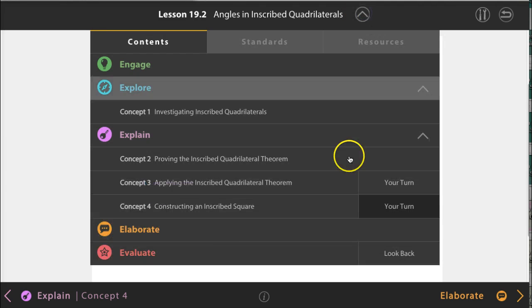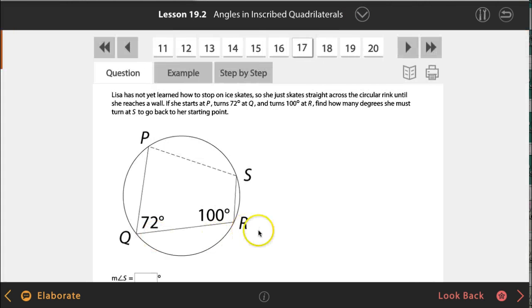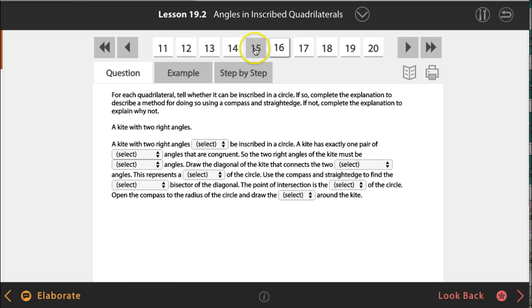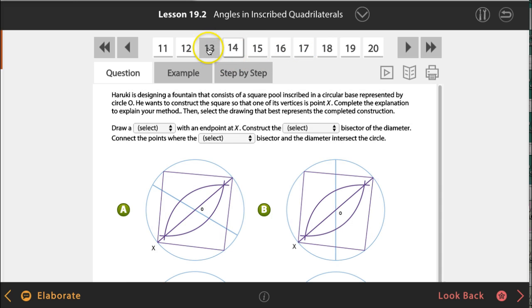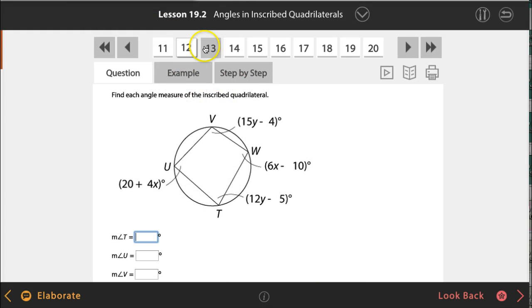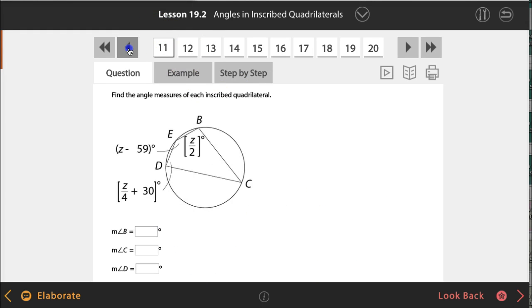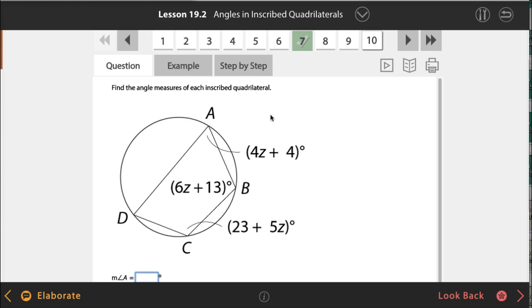So now let's go into your evaluate questions so you know which questions you have to study for the assessment. I would say number 17, 14, and then 7 through 12.